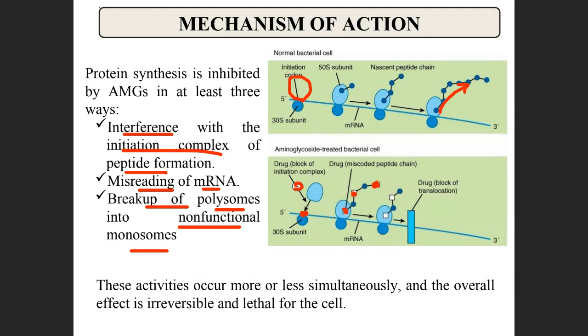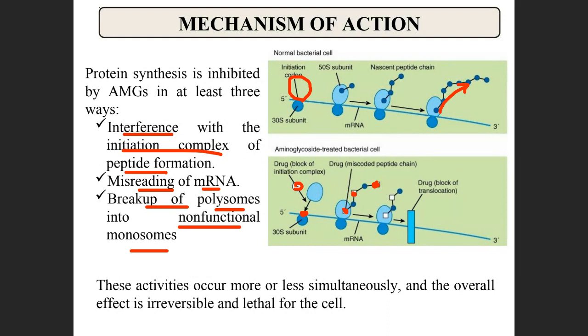The third one is, even if the chain is formed, it will cause premature breaking of the chain into small chains which are non-functional and cannot lead to the formation of protein. So these activities are responsible for the inhibition of protein synthesis.